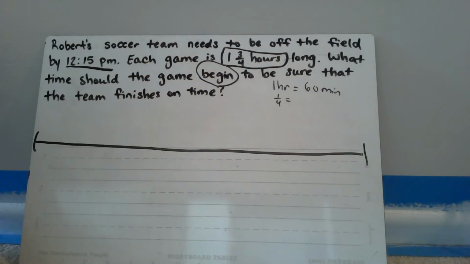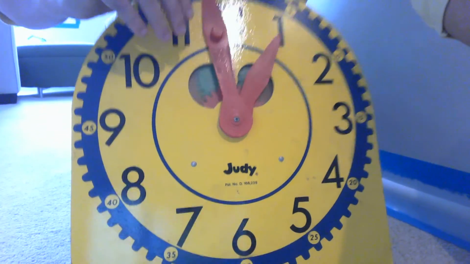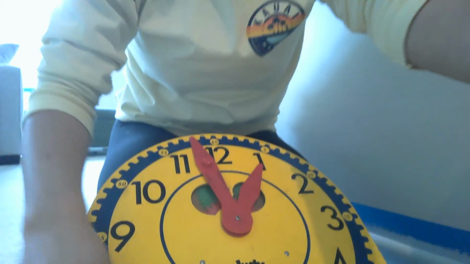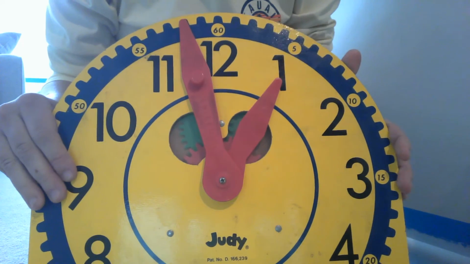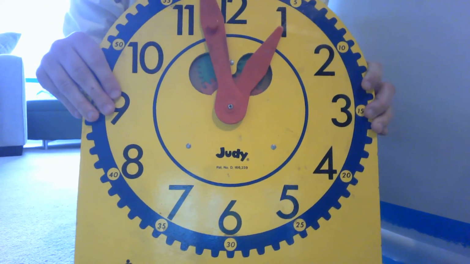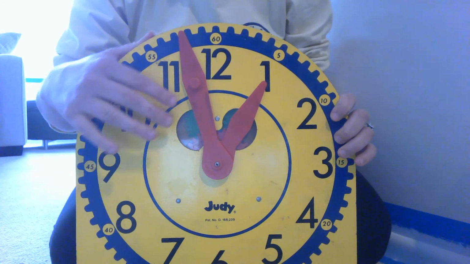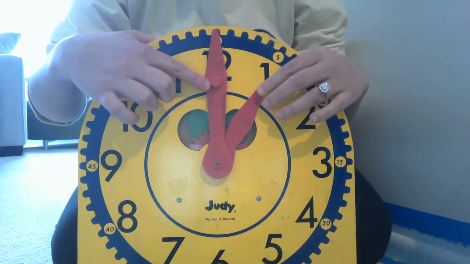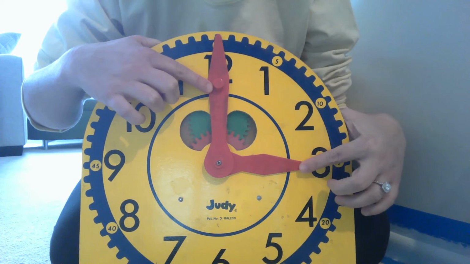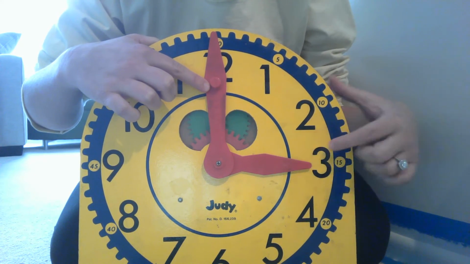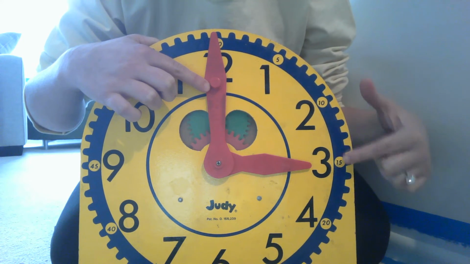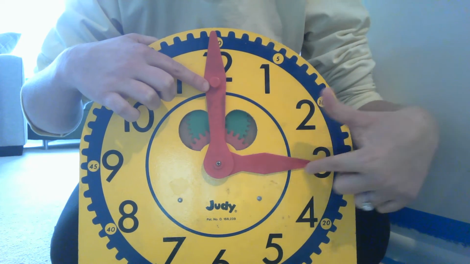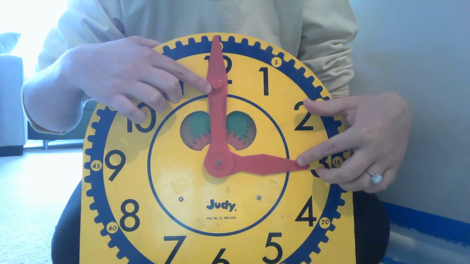Well, if I look at a clock, you can split it into 4 pieces. And we can do that by looking at 15-minute chunks. So here is 1/4 of an hour.